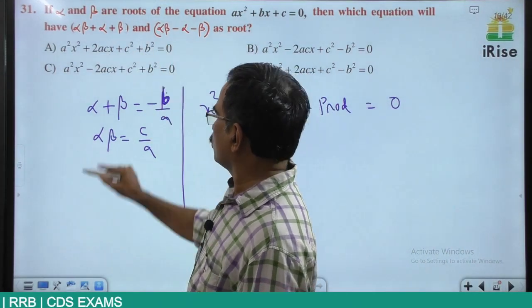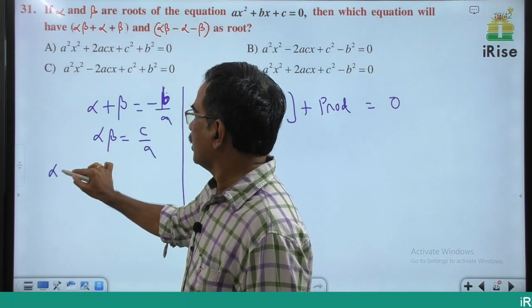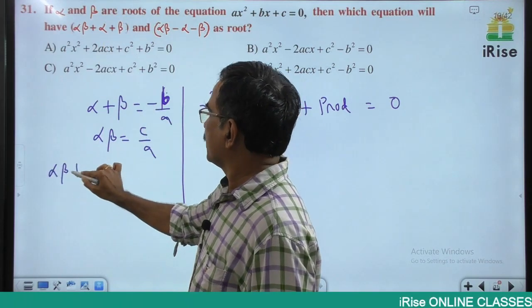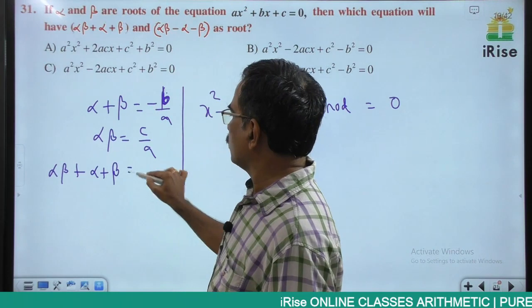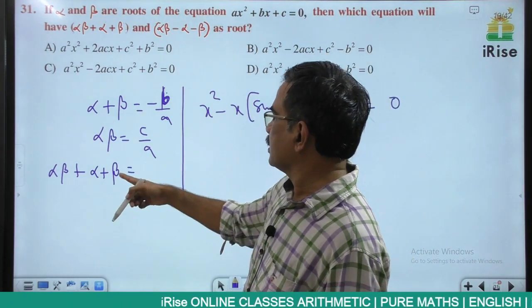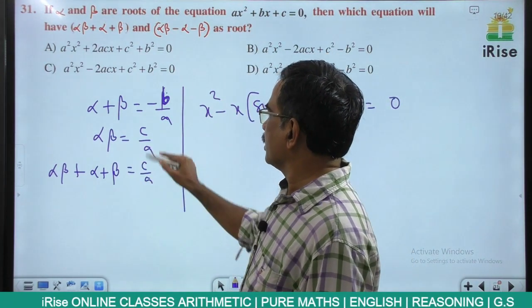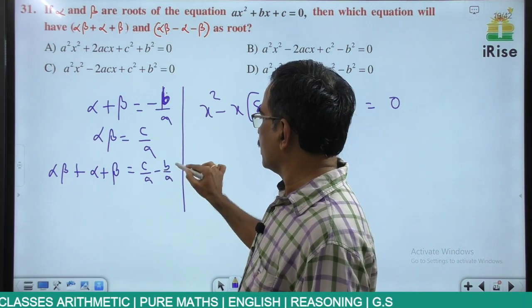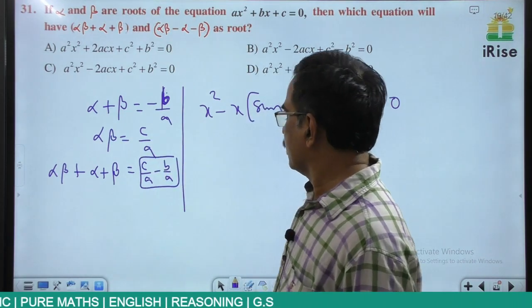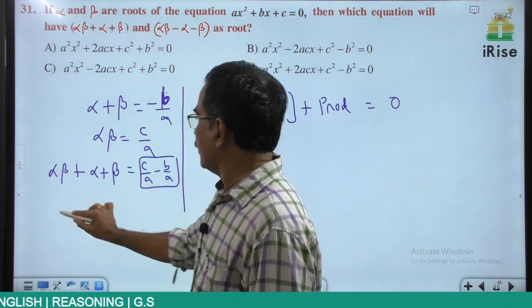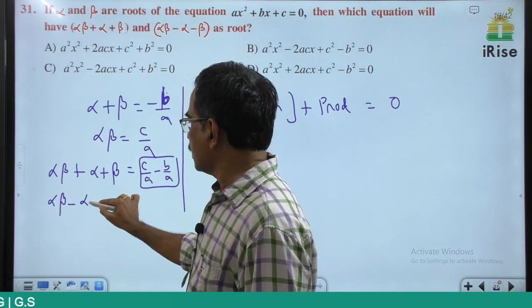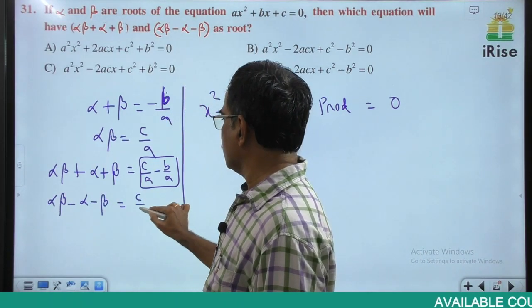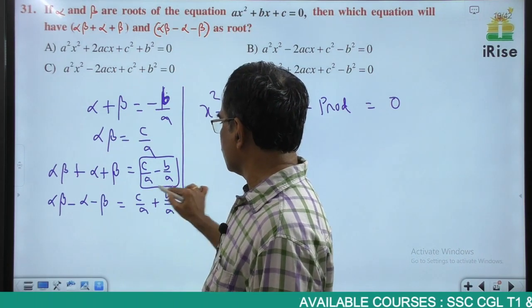If you add these two, alpha beta plus beta is equal to alpha plus beta, this is c by a, alpha plus beta is minus b by a. This is one root. The second root is alpha beta minus alpha minus beta, nothing but c by a plus b by a. This is the second root.